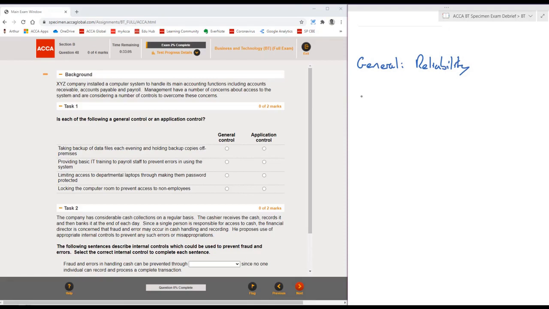It covers data integrity, access to computer systems, whereas application controls are designed to ensure the accuracy of data input. This will include completeness as well as simple accuracy. So let's look at each of these items.